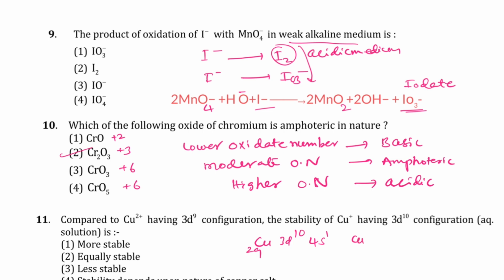Now Cu plus 2 has 3d9, and the other one is Cu plus 1 with 3d10 configuration. So this is completely filled. That's why we are expecting this to be more stable than the 3d9.